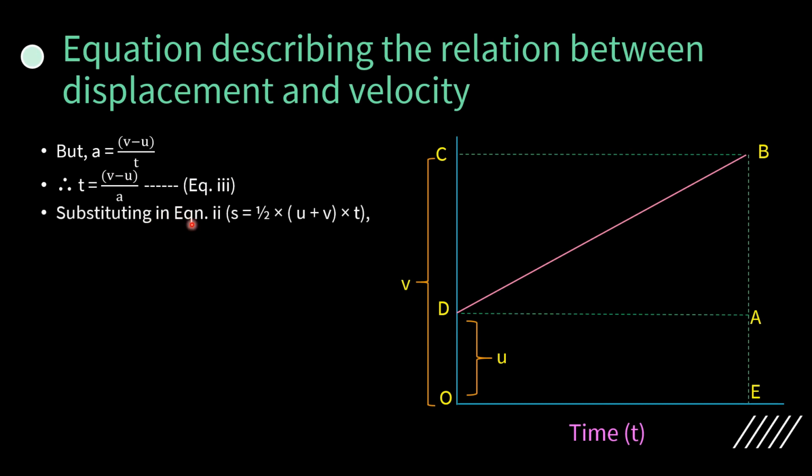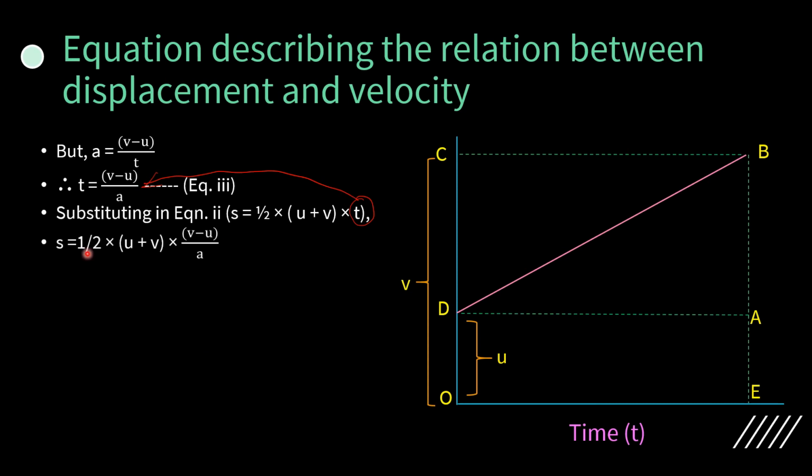So substituting this value of t in equation 2, which is nothing but s equal to half into u plus v multiplied by t, instead of this value of t, we are going to substitute this value. We are just changing it in terms of velocity, because that is the relation we are going to find.